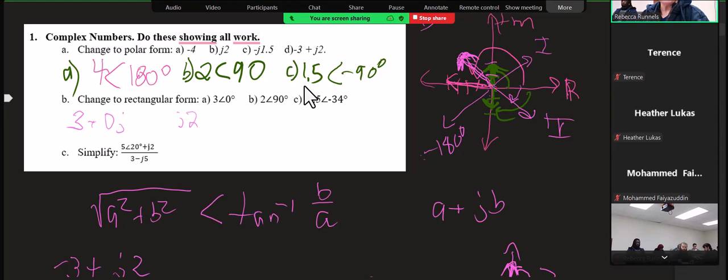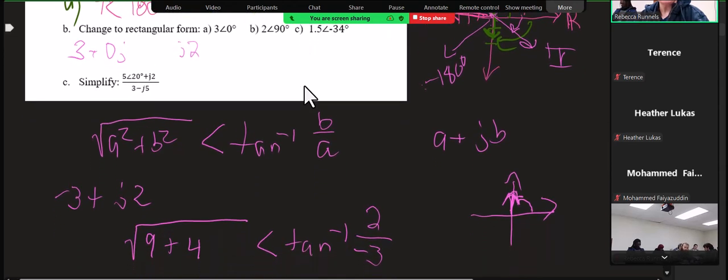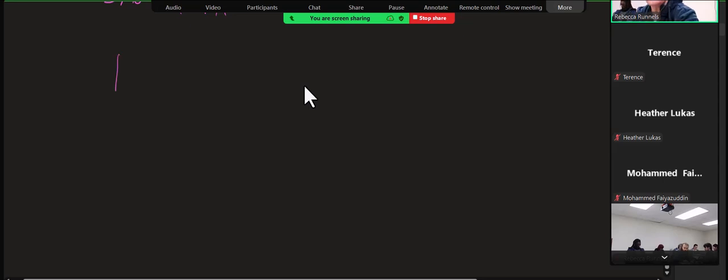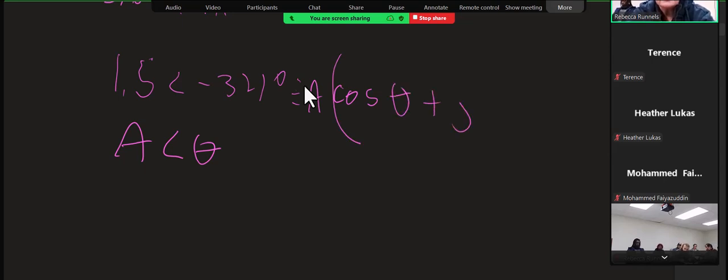1.5 angle negative 34. So to get that one, we have to use Euler's formula. We're going to use Euler's formula, which says that if I have A angle theta, then that equals A open parentheses cosine theta plus j sine theta.